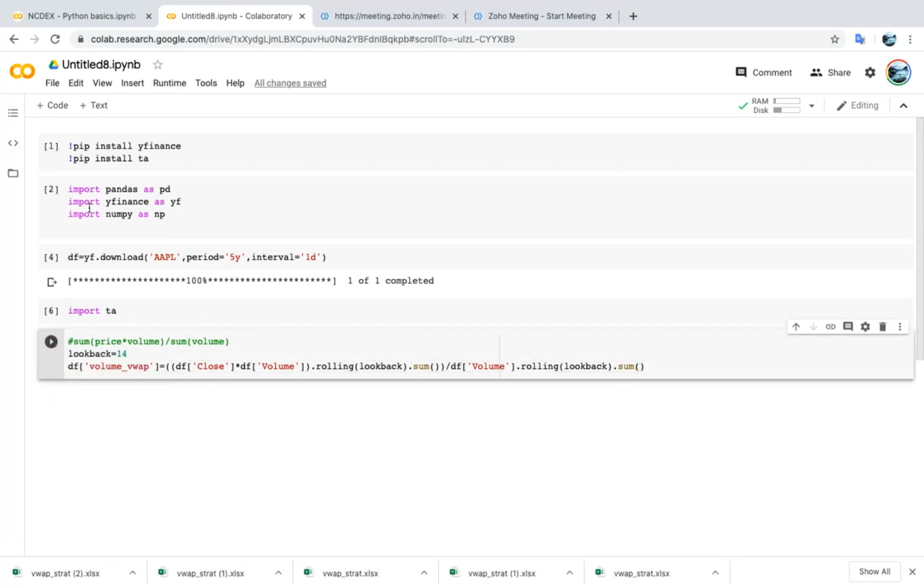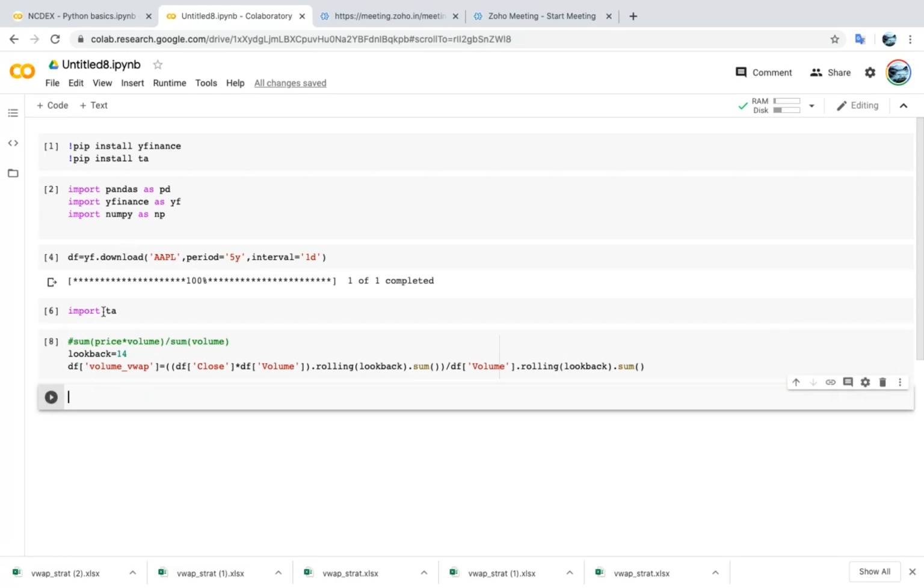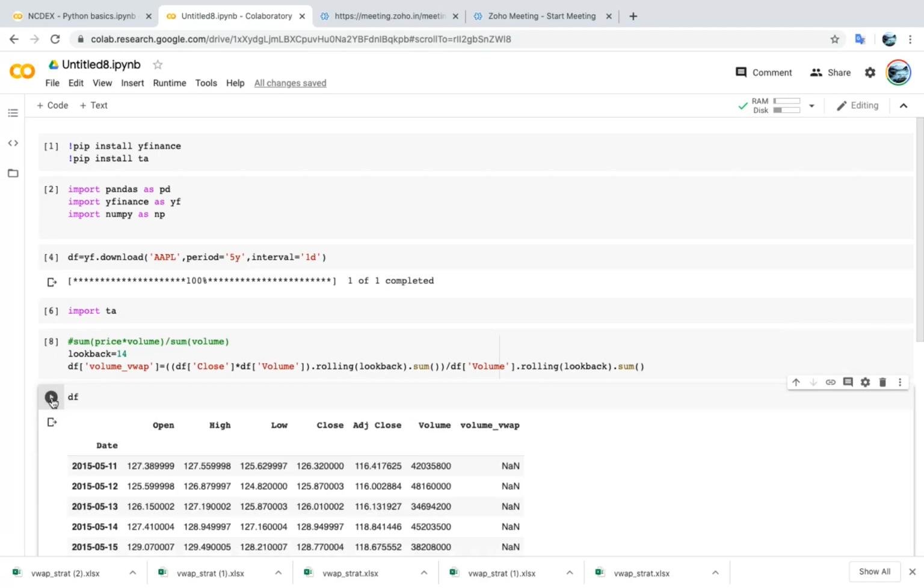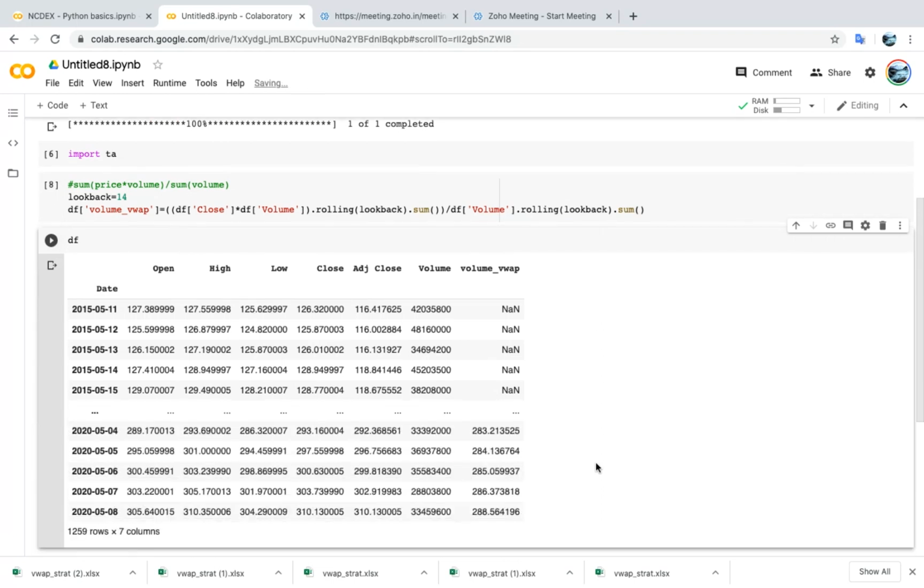It looks like it ran perfectly. And now let us see how my data frame looks like. So fine. It has added one more column, volume VWAP now.